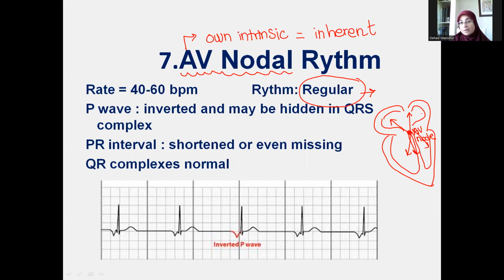That's why the waves of depolarization of the atria, which are the P waves, will be inverted, because the direction of spread of impulses is from below upwards. This is contrary to what usually occurs if the SA node is the pacemaker of the heart, where the wave of depolarization spreads from above downwards. That's why we see P waves that are inverted.